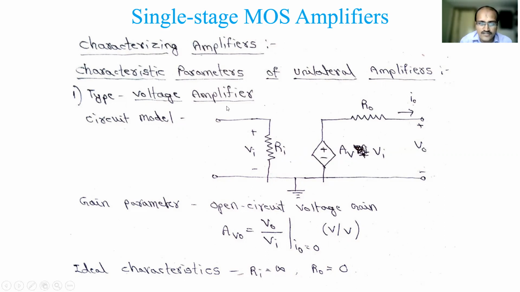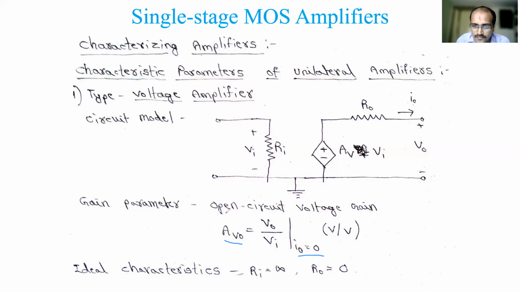In the case of the voltage amplifier, the gain parameter here is the open circuit voltage gain. How do we define it? It is denoted as AVO. Later we will discuss AV also, which is just the voltage gain. AVO means VO by VI when IO is equal to 0. Output current equal to 0 means the output is open circuit, right?